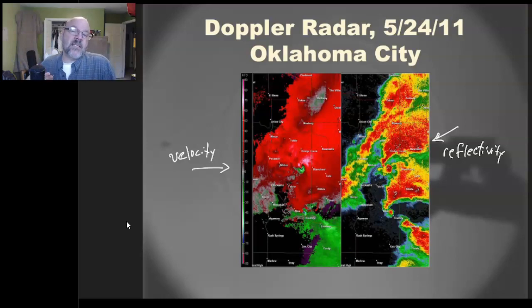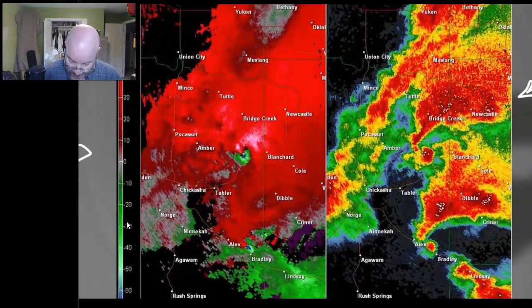So these are pretty sophisticated systems that can not only tell you the size of the particle, if it's a big raindrop or a little one or whatever, or hail, but which direction it's moving. Okay, is it moving towards the radar or away from the radar or something like that? Okay. And those can be very useful because you can get these sorts of situations like this.